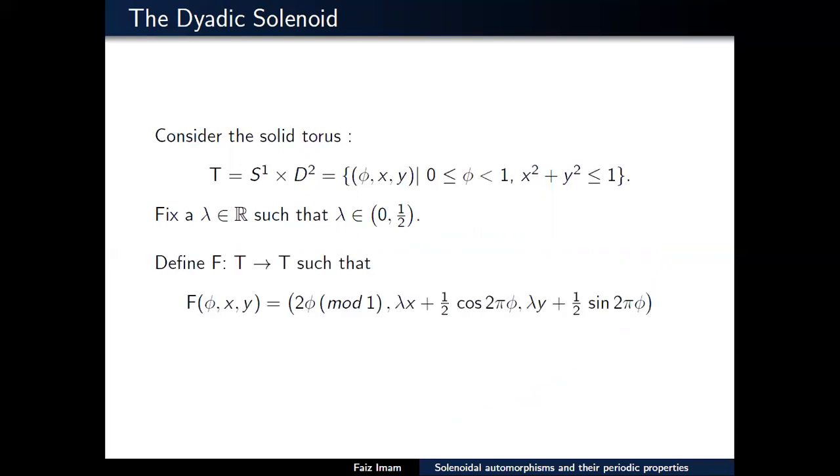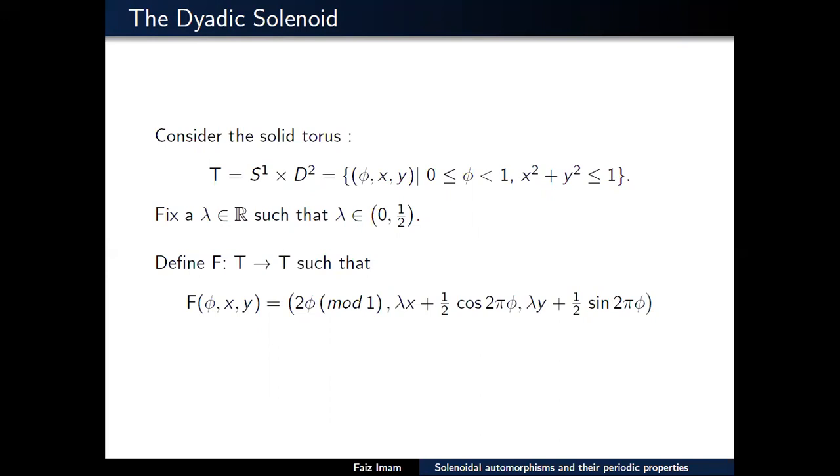So we define a self map on this solid torus, F, such that F of (phi, x, y) is (2 phi modulo 1, lambda x plus 1/2 cos 2 pi phi, lambda y plus 1/2 sin 2 pi phi).